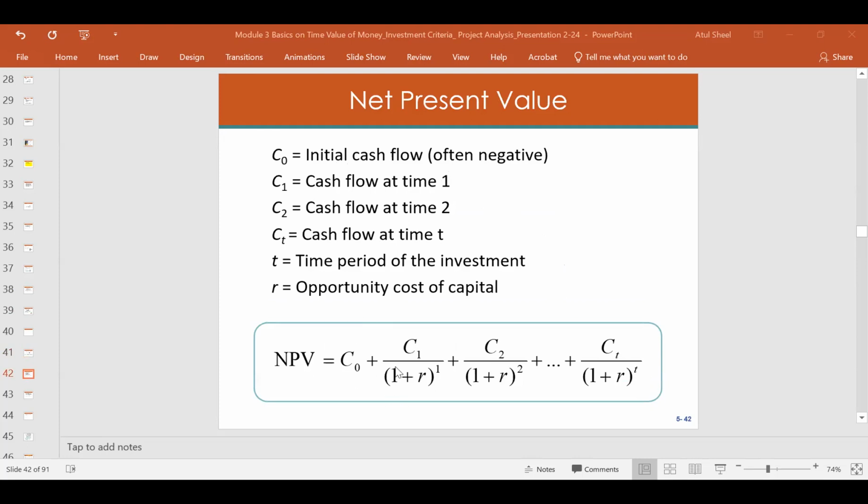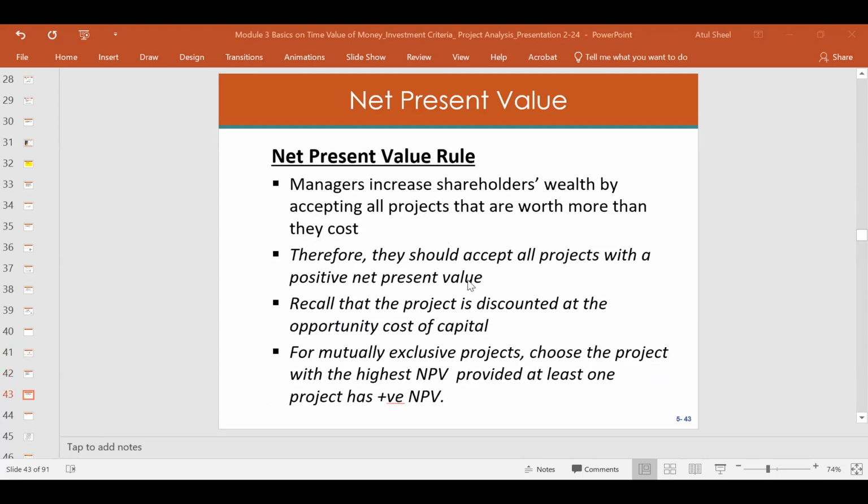Once again, C0 is your initial investment, C1 is cash flow in time 1, C2 is cash flow in time 2, CT is cash flow in time T, T is the time period of the investment, R is the opportunity cost of capital, or the discount rate, whatever you want to call it. Once again, to summarize the net present value rule, you will increase your shareholders' wealth by accepting all projects that are worth more than the cost. Therefore, you should accept all projects with a positive net present value.